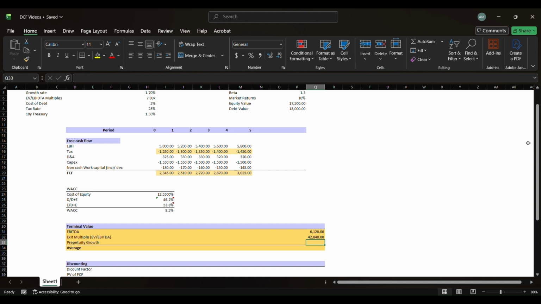The formula of the perpetual growth method is the final year free cash flow into 1 plus the growth rate, divided by the required rate of return minus the growth rate. So final year cash flow into 1 plus growth rate, which is 1.7%, divided by WACC minus growth rate.